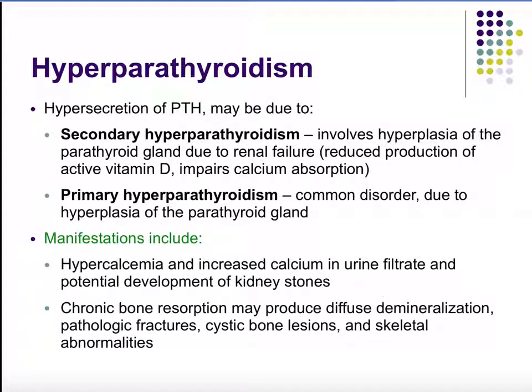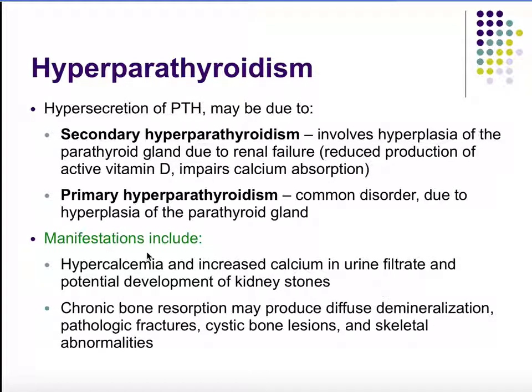So notice it's not the parathyroid gland that's the issue, it's the renal failure that's the issue. And so it's a secondary disorder. So if we can halt renal failure, get treatment, or get vitamin D3 so that we can absorb the calcium, then the excess secretion of parathyroid hormone will be resolved.